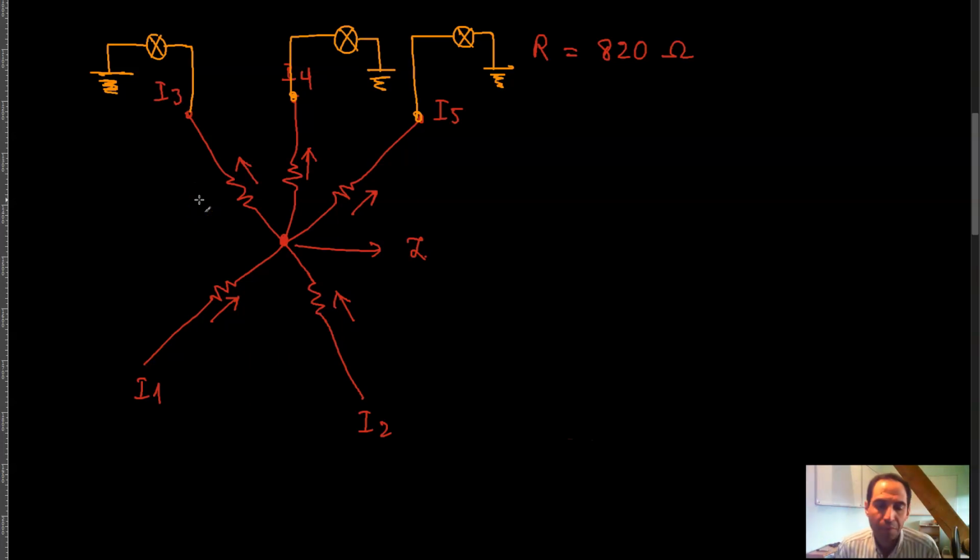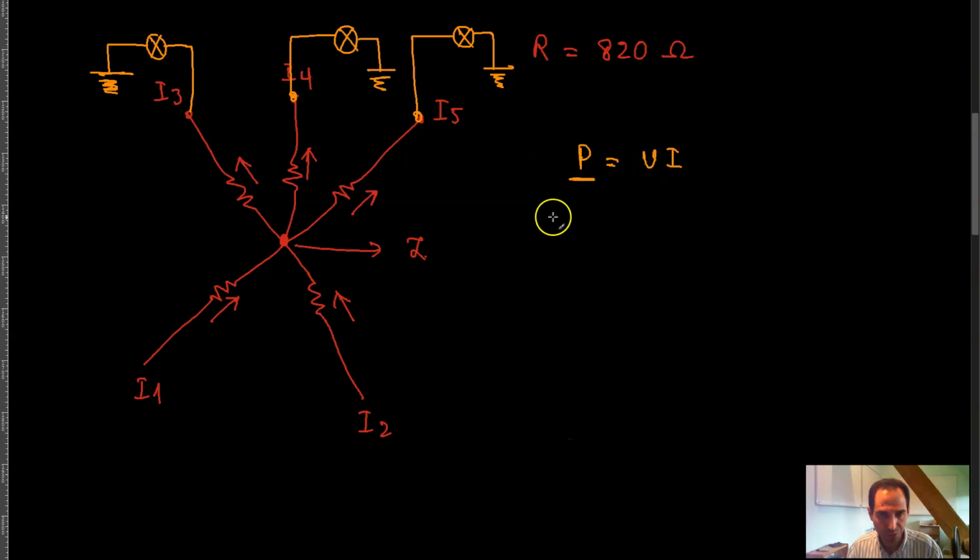Because as long as V is constant, then current is going to be the same, meaning that P is equal to VI.